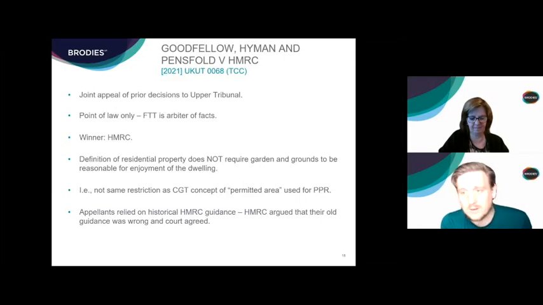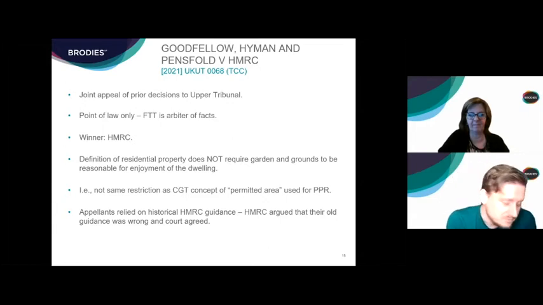Some of you will recognize that concept of reasonable enjoyment from capital gains tax, because if you are selling a house with a large plot of land, principal private residence relief is only available on a permitted area, which is half a hectare or whatever is reasonably required.